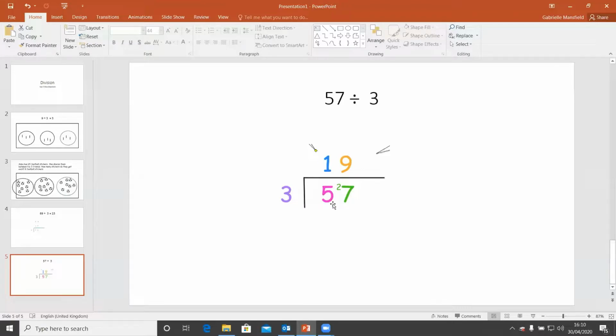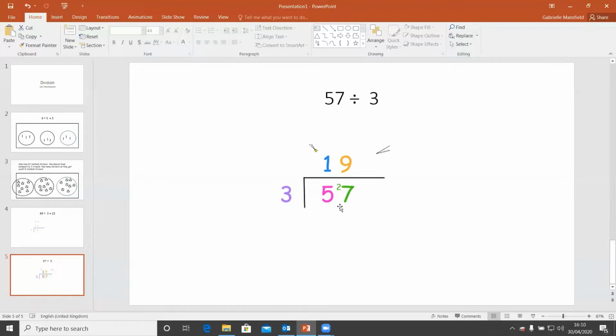So I have carried over the 2 that I have left over from 5: 3, 4, 5. I have carried over my 2 over here in front of my 7, which has now made this number 27. I'm now going to use my 3 times tables to count how many times 3 goes into 27. 3, 6, 9, 12, 15, 18, 21, 24, 27.